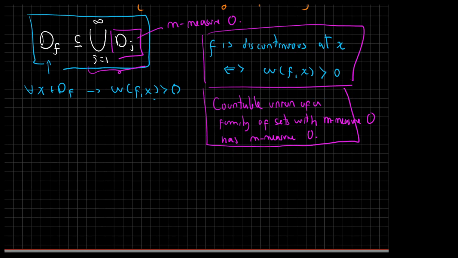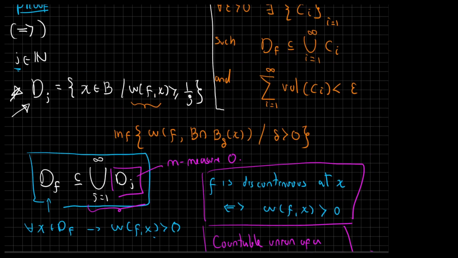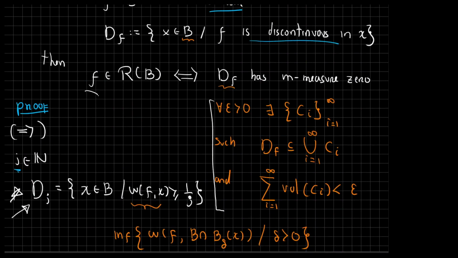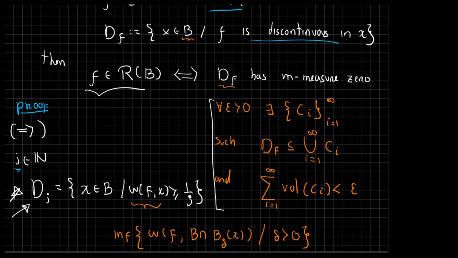So, continue. We have an arbitrary index j, and let's say we have an arbitrary epsilon that is positive. By hypothesis, remember we are working on the assumption that f is Riemann integrable.